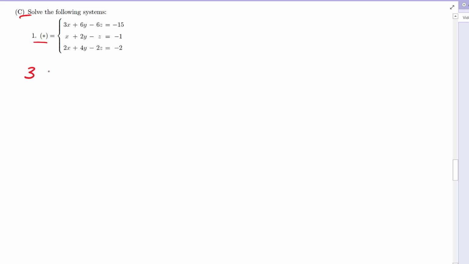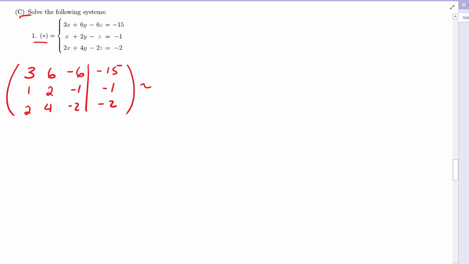So our coefficient matrix would be 3, 6, minus 15, 1, 2, minus 1, minus 1, 2, 4, minus 2, minus 2. There's our augmentation bar. Now, again, when I give you these problems, I intend for you to just start with the algorithm. It is possible to swap these 2 rows, and maybe something interesting will happen here, which is great.